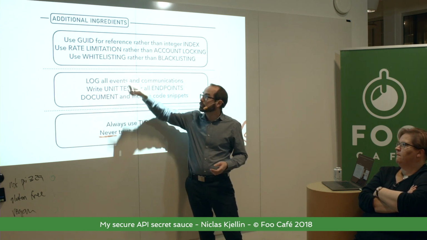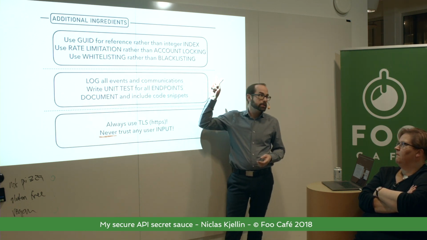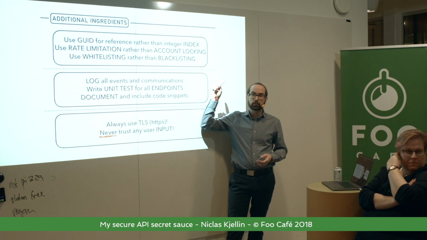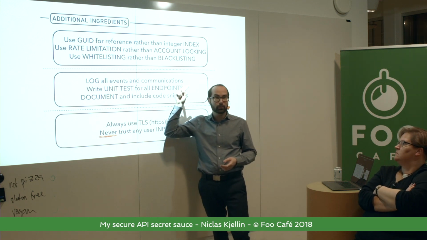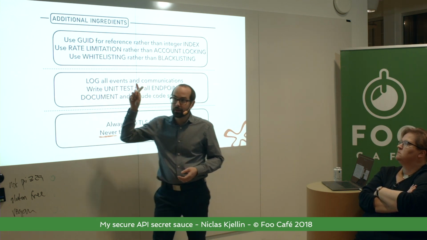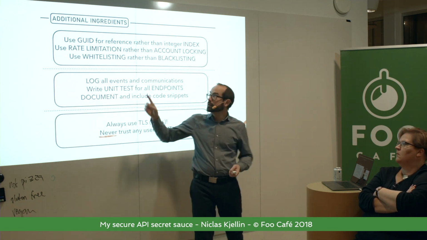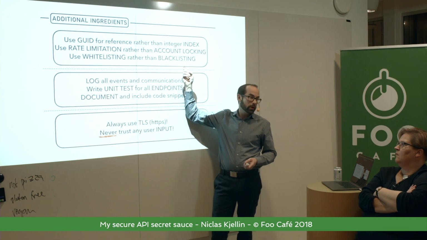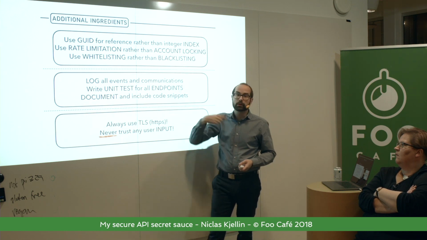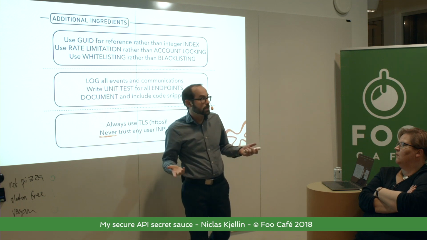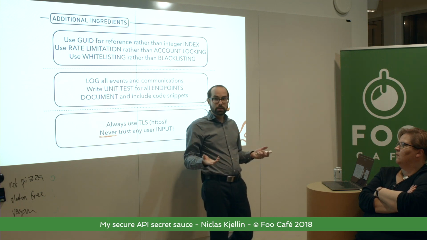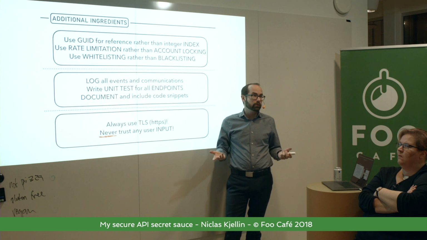You rather want to use rate limitation rather than locking someone's account when they try to log in too many times. Why is that? Anyone knows? Exactly. Because if you're locking someone's account because they tried three times or 10 times or whatever, you're actually opening up for denial of service. So if I could iterate over a company's email addresses trying to guess usernames, I could probably lock them all out from their systems.